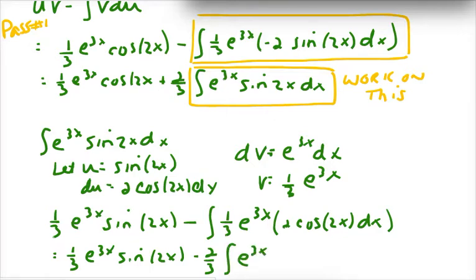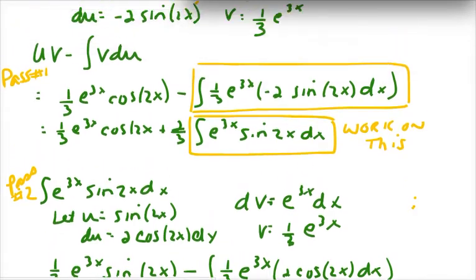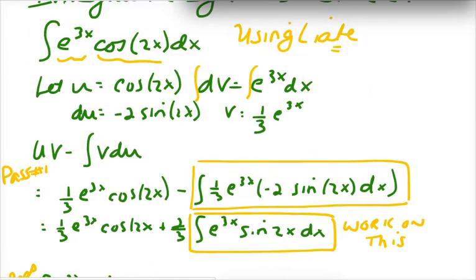And hopefully you recognize that we're back to where we started from. So this was pass number 2. Let's go back and notice that that's exactly where we started from, right?